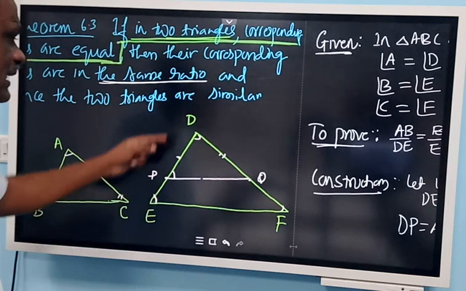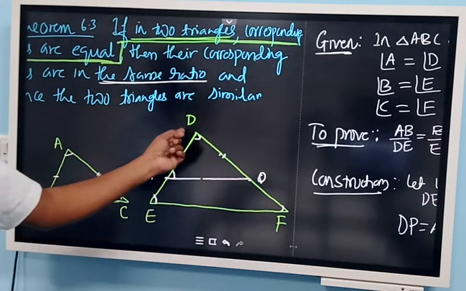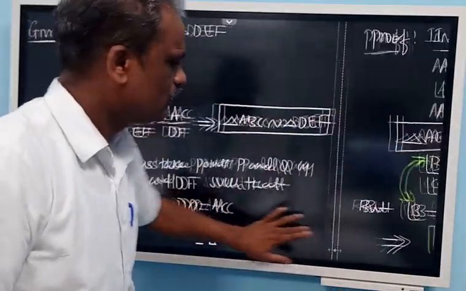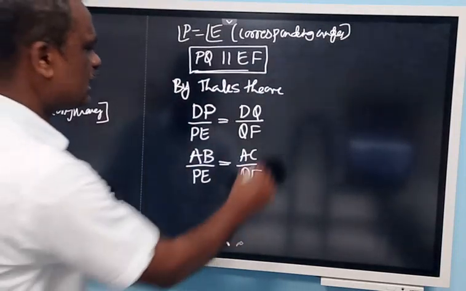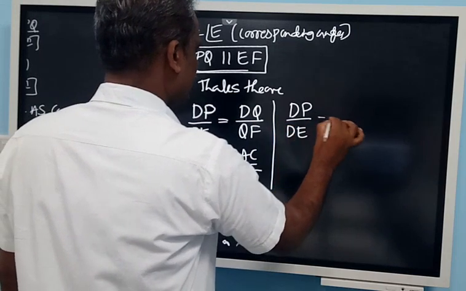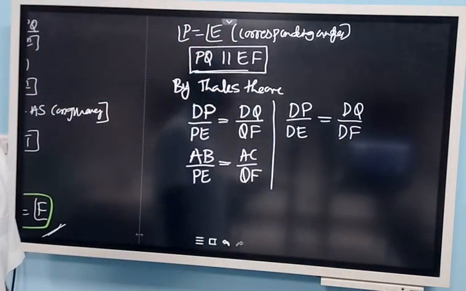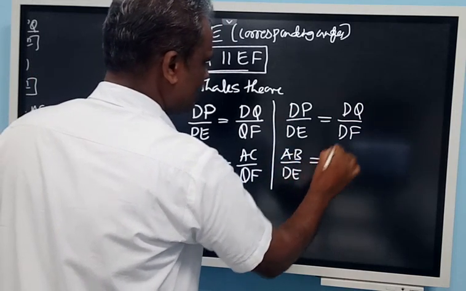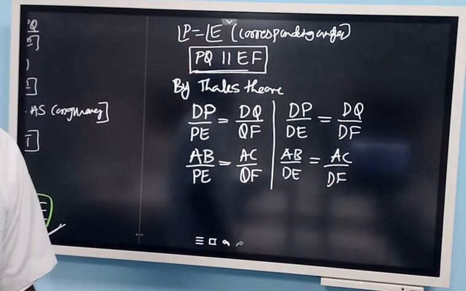So instead of writing PE, you can write DE also: DP by DE is equal to DQ by DF. It is a corollary. Then instead of DP you can write again AB by DE, and here you can write AC by DF. Isn't it? AC by DF.